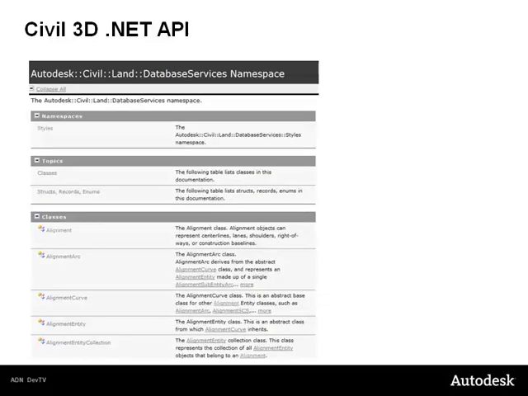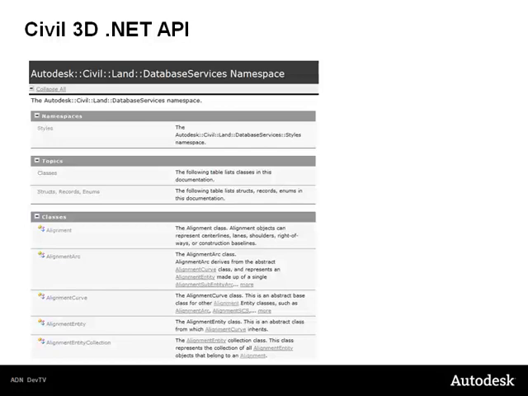Civil 3D .NET API functions are housed in the AECCDBMGD.dll assembly, and we need to access them through the appropriate namespaces. This slide shows you a screenshot of the Civil 3D .NET API reference document page, which highlights the Autodesk.Civil.DatabaseServices namespace and lists the classes available under it.